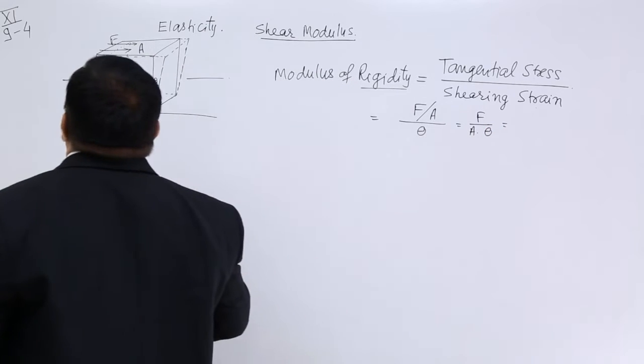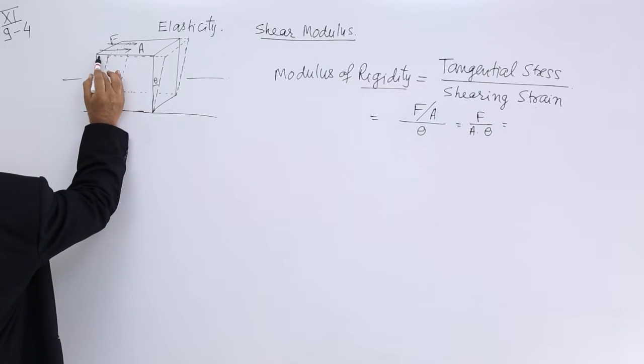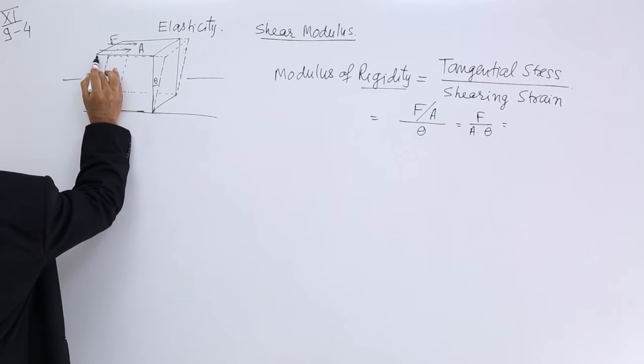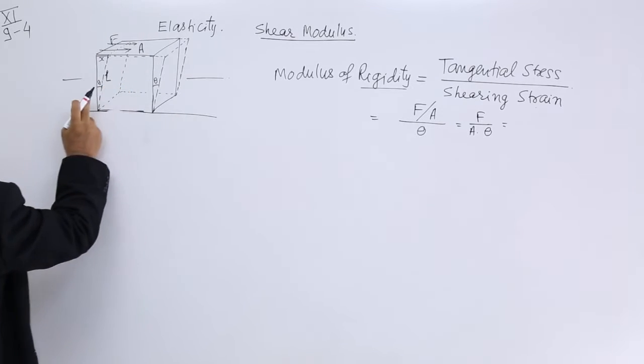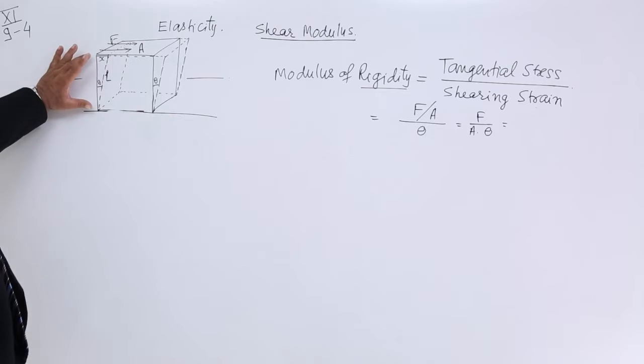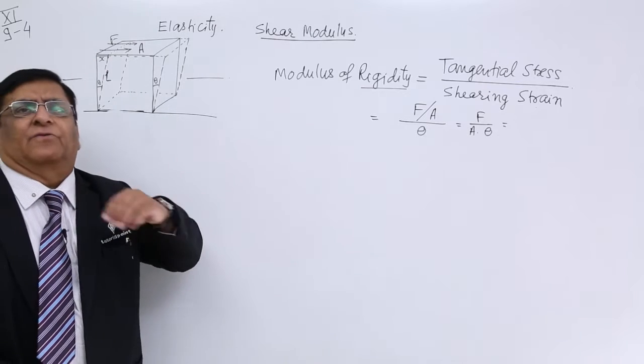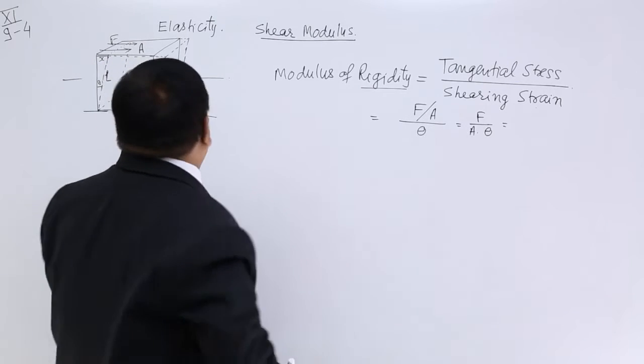If we want to calculate this theta, we can also measure it in terms of radian. This is x and this height is, suppose, L. We can make it L, or H, or Y, whatever it is. That doesn't matter.